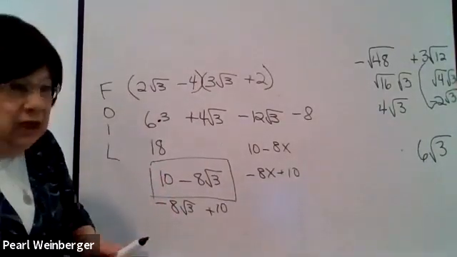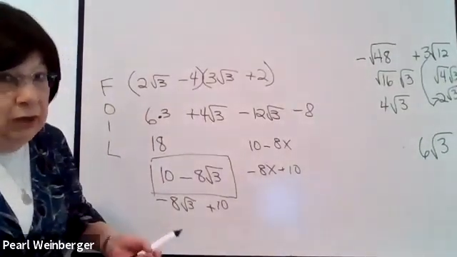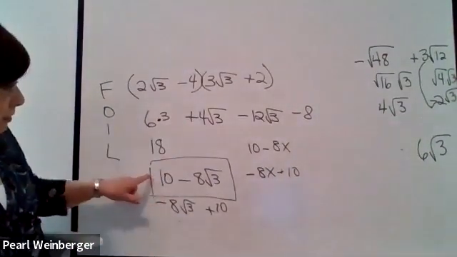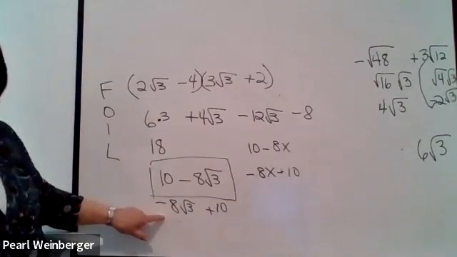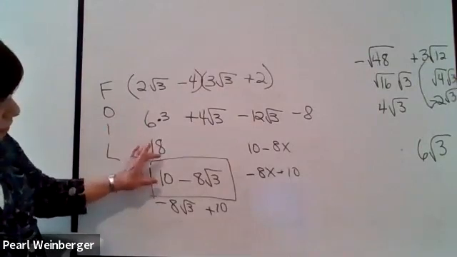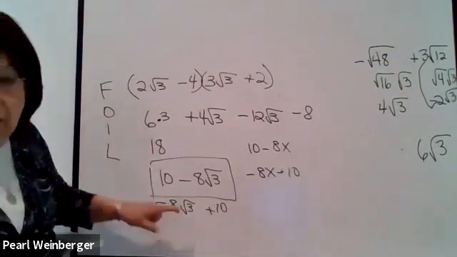But the order does not make a difference. And you'd have to know this because when you get it on a multiple choice, you have to be able to choose, is this the right answer? They're not going to give you a choice between this or this because they're both correct. So you have to be able to recognize that if you get your answer in this format and they write the answer in this format, it really means the same thing.